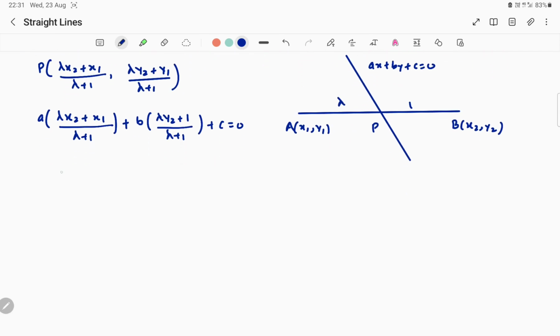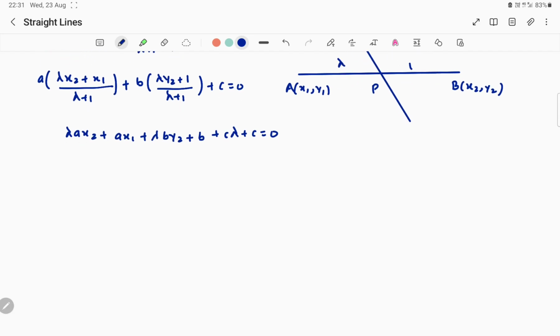So when you quickly simplify this, you will get lambda a x2 plus a x1 plus lambda b y2 plus b y1 plus c lambda plus c equal to 0. Sorry, this is not 1, this is y1, so you will get b y1.